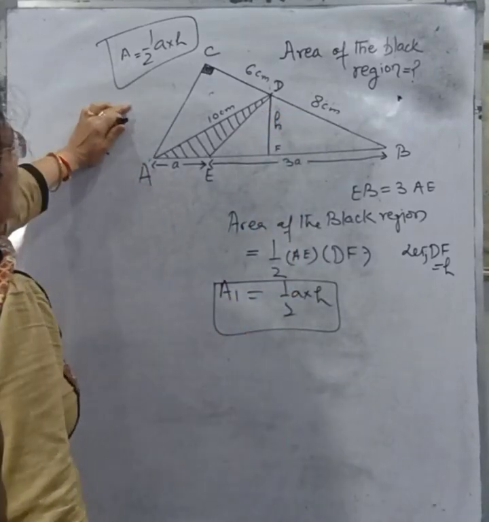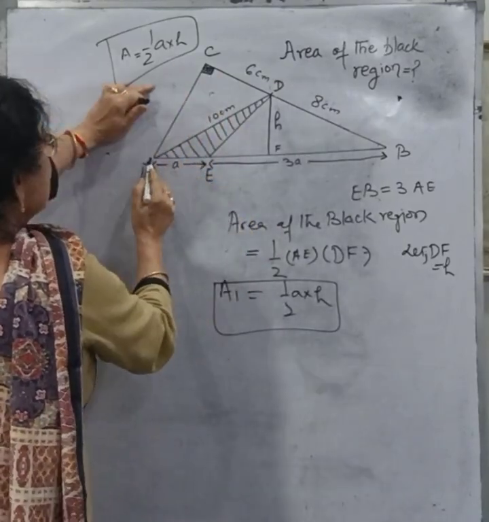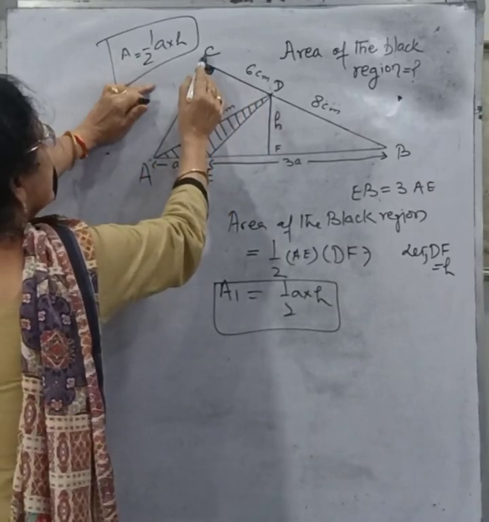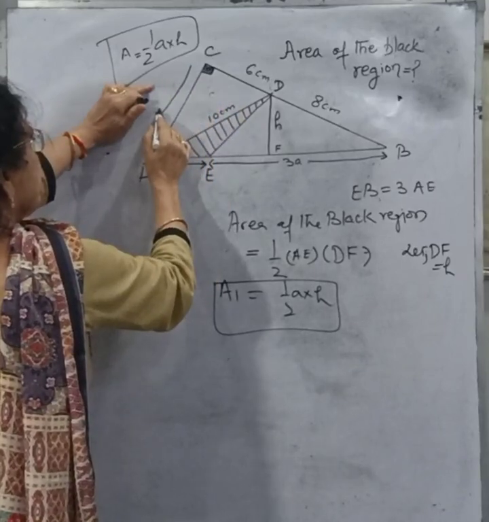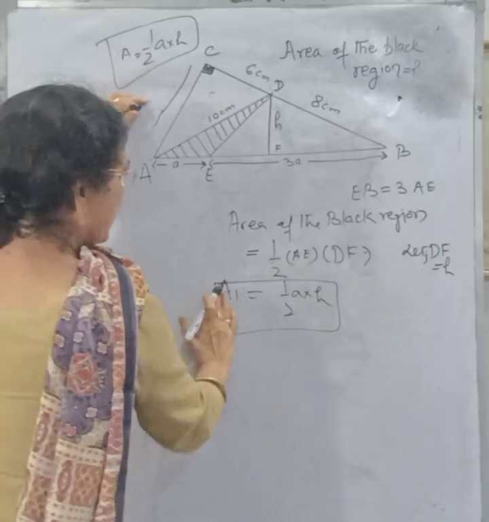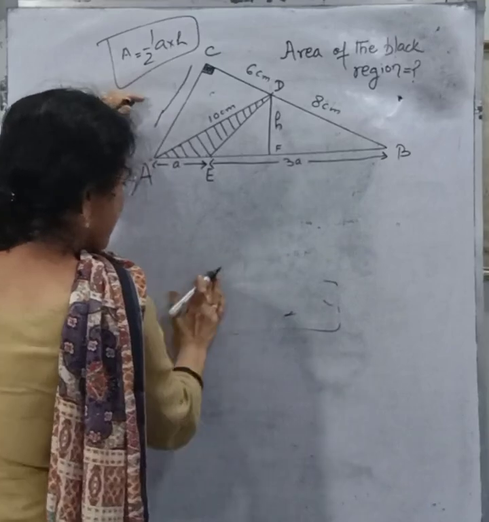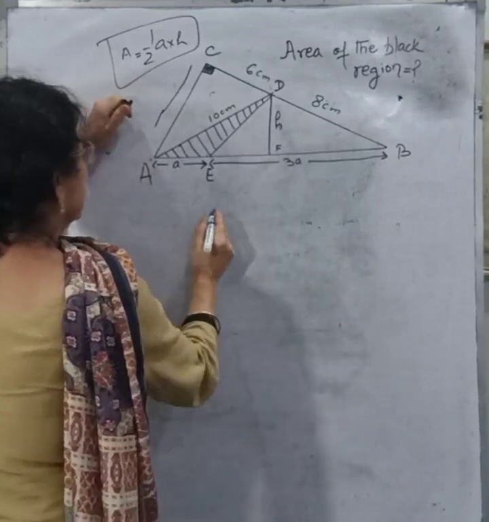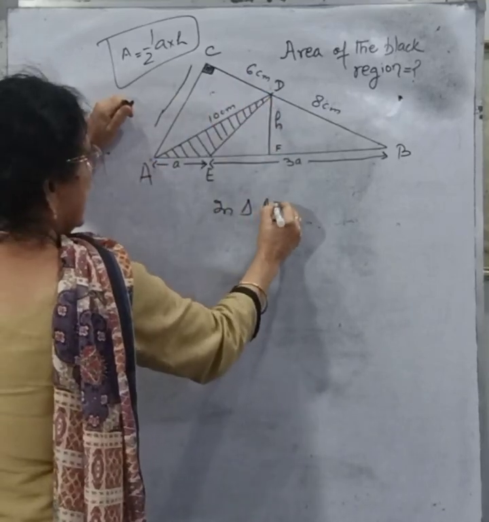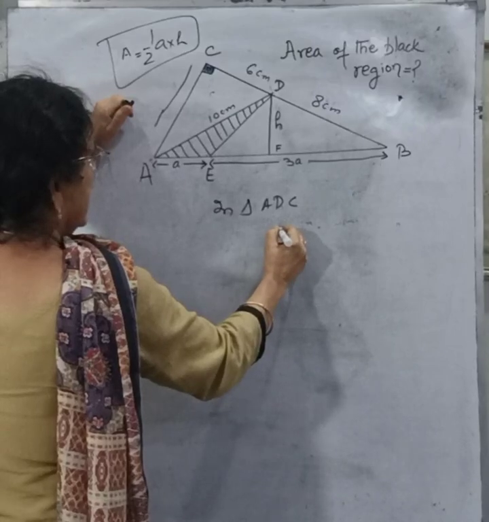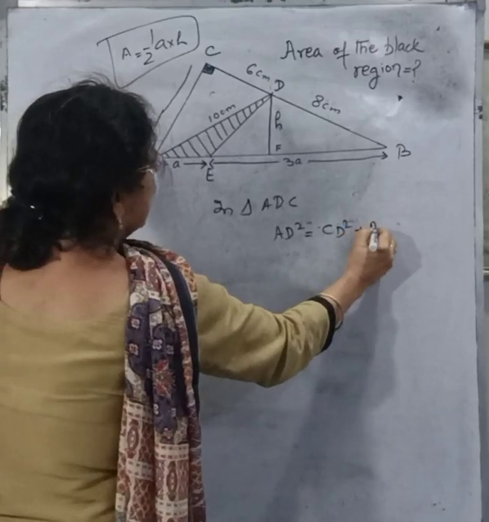Now let us see that this is a right angle triangle and this is also a right angle triangle ADC. So that we can find the value of AC. In triangle ADC, AD square will be equal to CD square plus AC square.